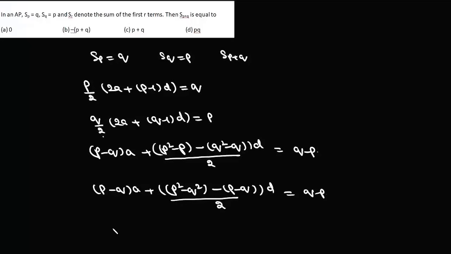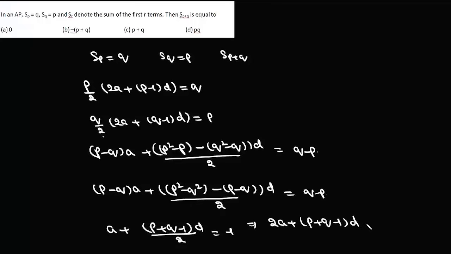Now we can cancel P minus Q, so we can write A plus, this is P plus Q minus 1 into D by 2, and this is minus 1, or we can write 2A plus P plus Q minus 1 into D, it is equal to minus 2, and that's our first result. Now it says we need to find the sum of P plus Q terms.